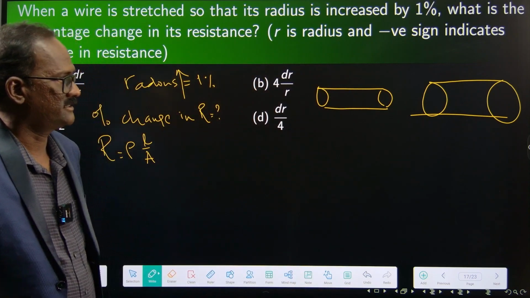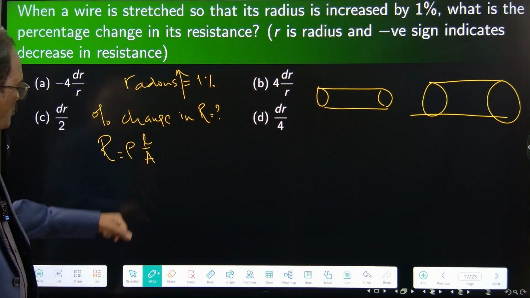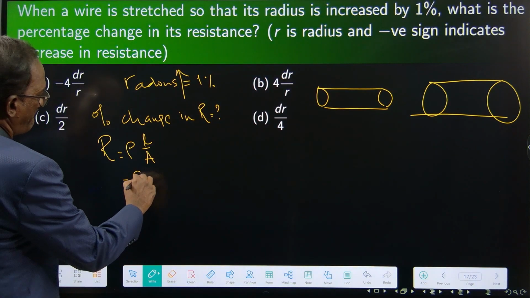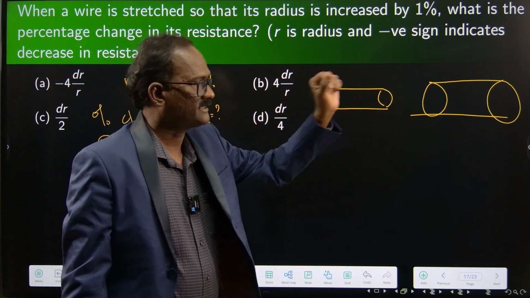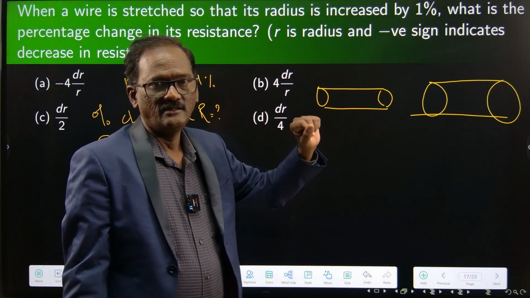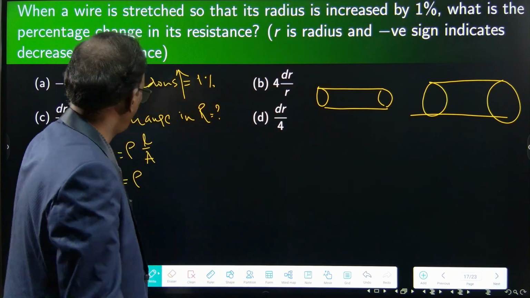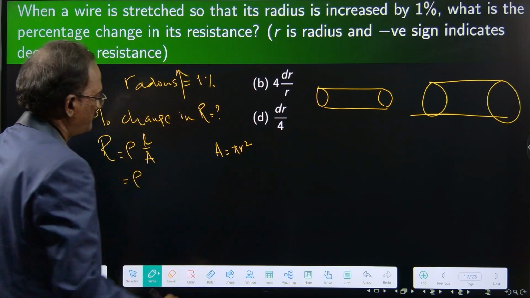So R is directly affecting the area only. Cross-sectional area is pi r square. The radius directly comes into the formula for area, so area is equal to pi r square.